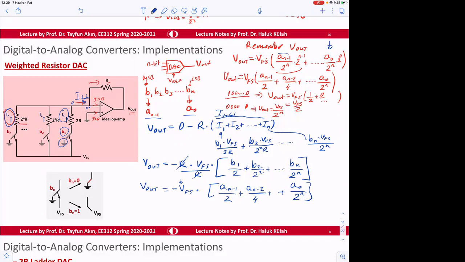This is how we can write this thing. So you can select the voltage to be minus 8 volt, for example. This could be selected to be negative. So then we have a converter.